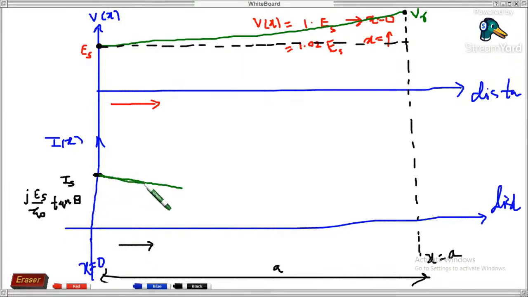This current slowly decreases and at the receiving end you will get 0. Understood?